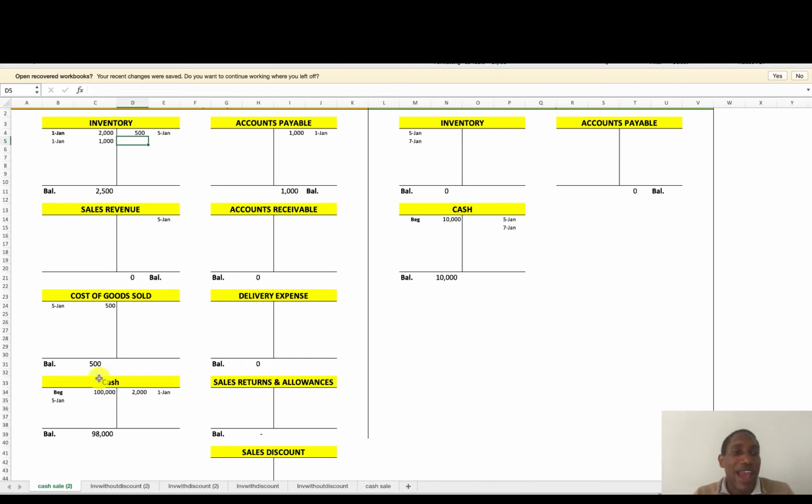My cash is going to go up by 750. So I'm going to debit cash for 750, right? And then what's the other side of my entry? My sales revenue is going to go up for 750. Okay. Now on this side, I'm going to pay cash of 750. So my cash is going to go down, and then my inventory is going to go up by 750, and that's it. Okay.